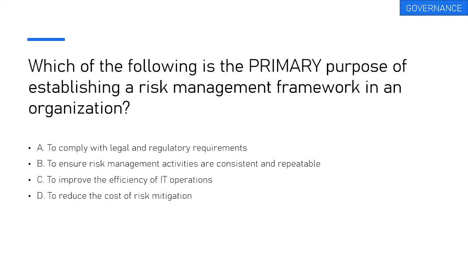B, to ensure risk management activities are consistent and repeatable. C, to improve the efficiency of IT operations. And the fourth one, D, is to reduce the cost of risk mitigation. If you think about it for a second, the question is the primary purpose, right? So that's the highlighted one.